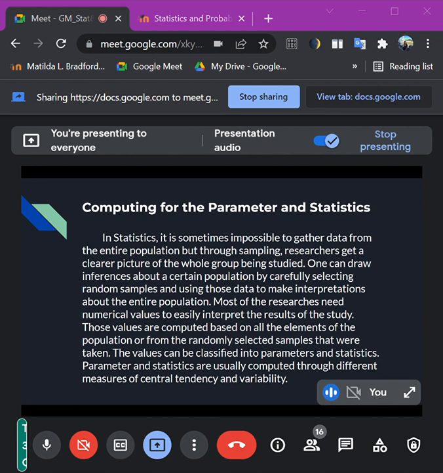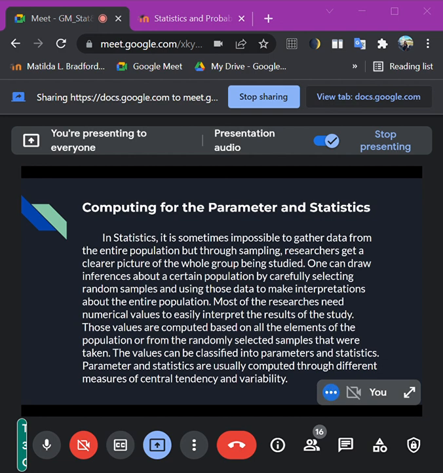Most researchers need numerical values to easily interpret the results of the study. Those values are computed based on all of the elements of the population or from the randomly selected samples that were taken. So the values can be classified into parameters and statistics, which are usually computed through different measures of central tendency and variability.